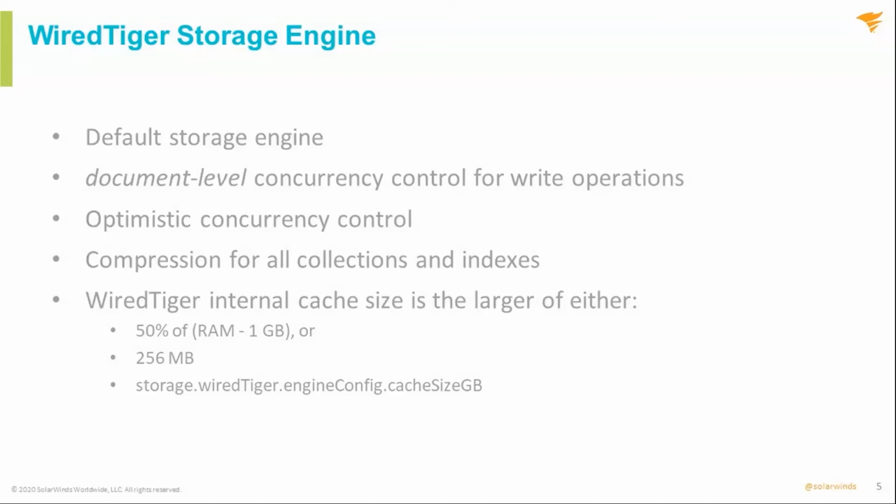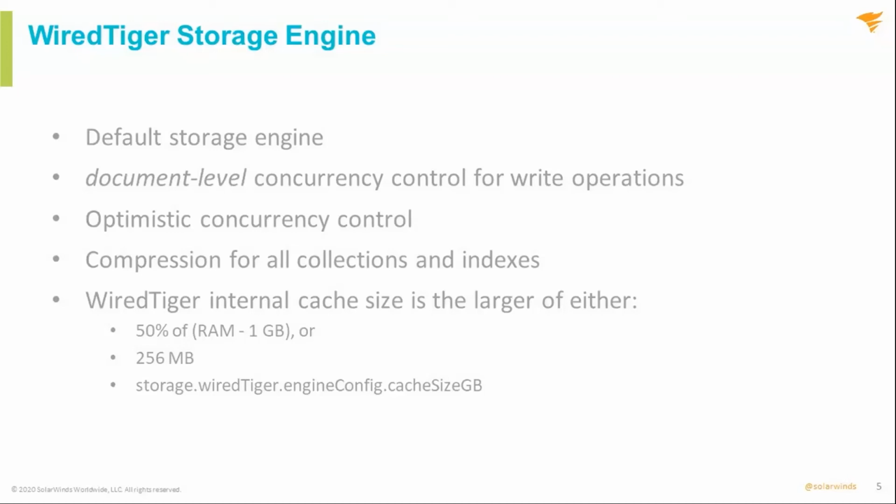I think this is one of the cruelest things I've seen, and I strongly suggest that we go and look into it. If you are a MongoDB administrator, you would definitely share this recording as well as the slide deck. But I would at least write down that I'm going to look into the cache size in gigabytes and see if it is not set to a super low value.